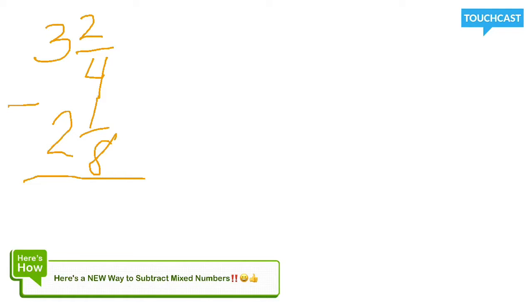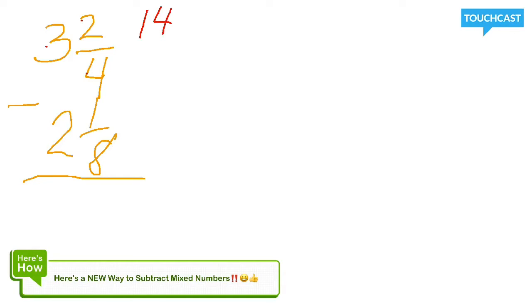So we're going to start with the top one and we're going to multiply 4 times 3, and then we're going to add on the 2. So 4 times 3 is 12, plus 2 is 14.